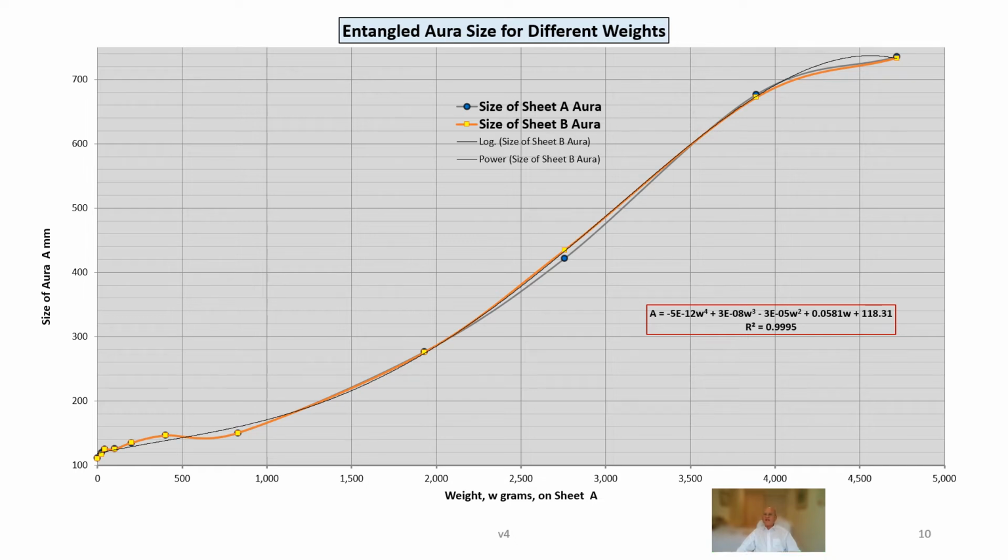The experimental error is very low, being about plus or minus 3%. The range of weights used in these experiments was between 0 to nearly 5,000 grams. This produced a 7-fold increase in the auras of both sheets A and B. Please note that the curves for sheets A and B and the XL trend line are closely superimposed.